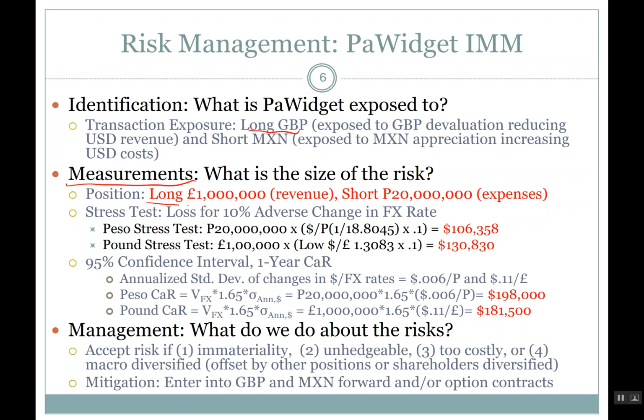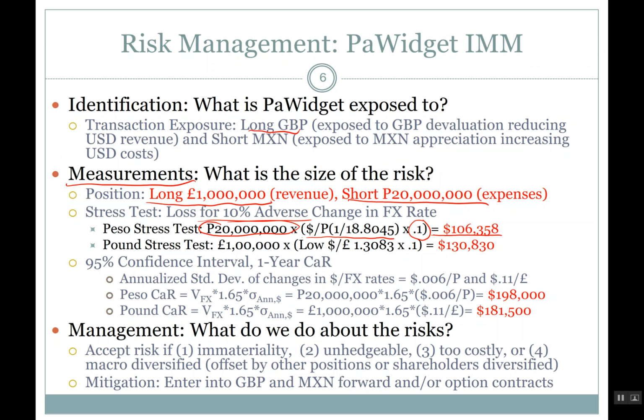Well, they're expected to receive £1 million and they're expected to pay 20 million pesos. Let's do a 10% stress test. 20 million pesos times the dollar per peso exchange rate. Easy way to do it here, just multiply times 10%. There you have plus or minus $106,000 risk on the peso for a plus or minus 10% change in the exchange rate.